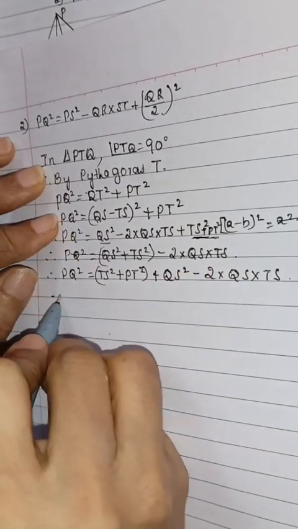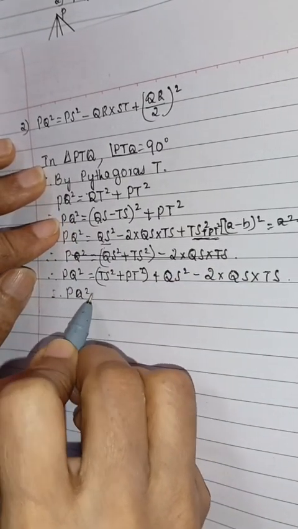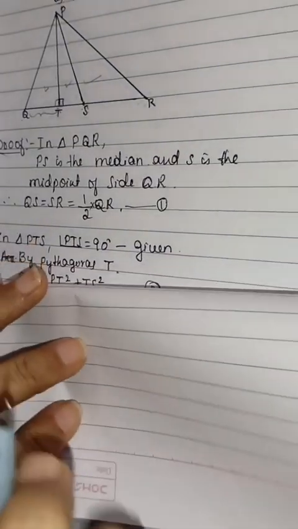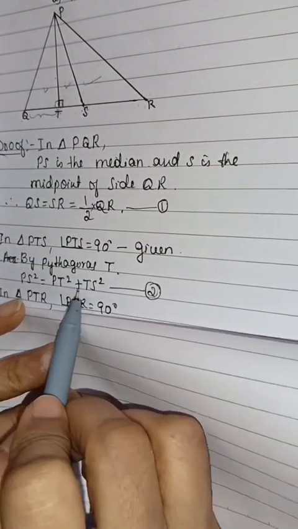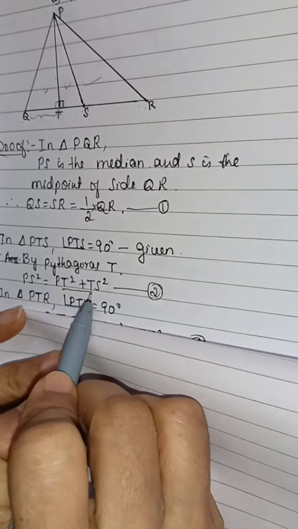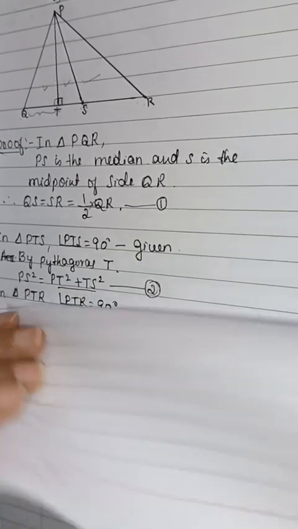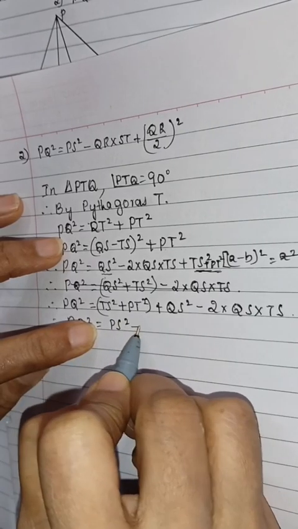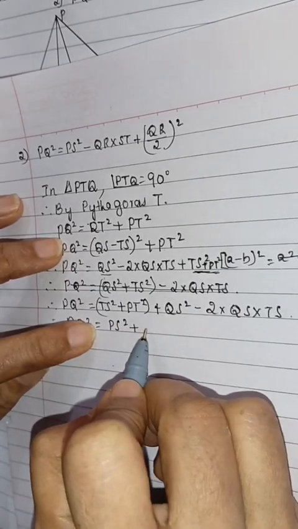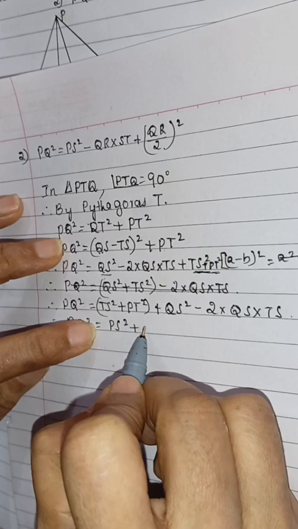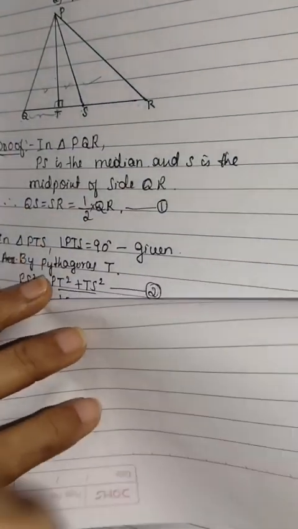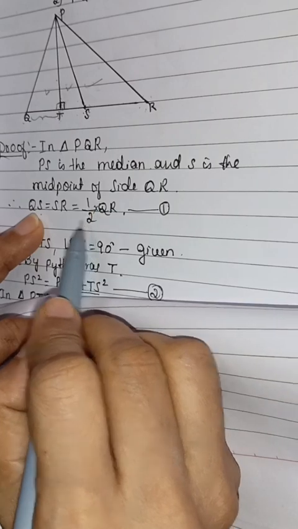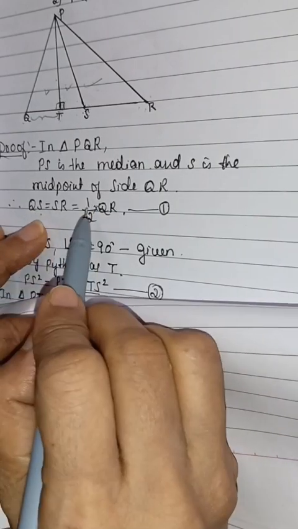Now write therefore PQ square equal to TS square plus PT square, which is PS square. So write PS square plus, instead of writing QS, QS and SR are same, QR by 2.